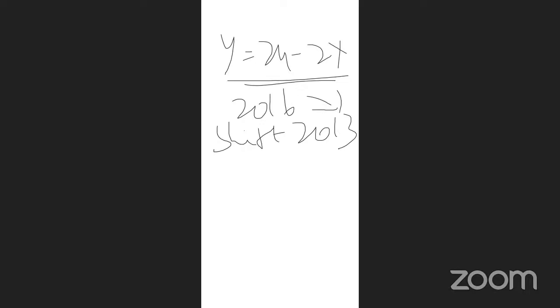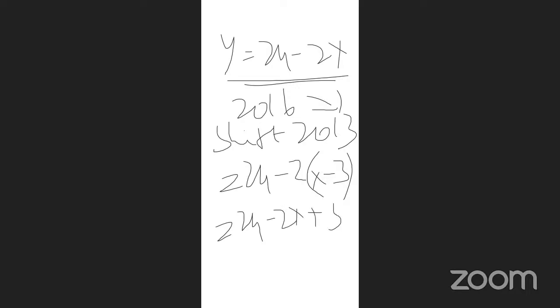So that means you have to write it as 24 minus 2 into x minus 3. From 13, 14, 15, 16, it is 3 years, no? 3 years backward. So x minus 3 you have to take, which is equal to 24 minus 2x plus 6, since 2 into 3 is 6.